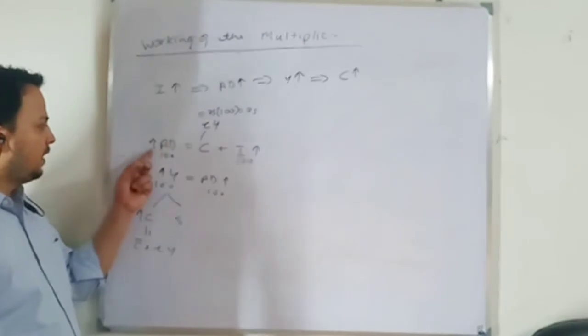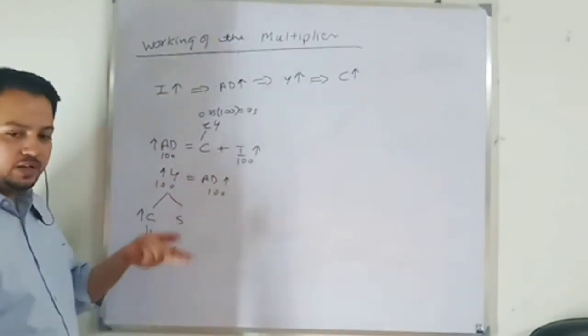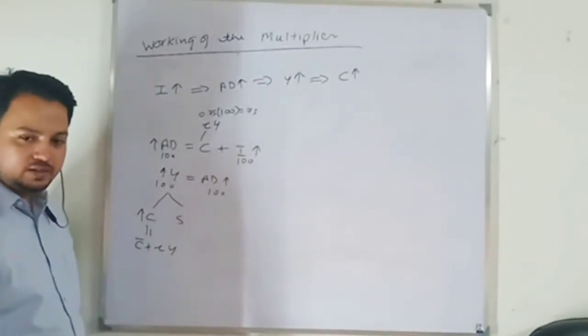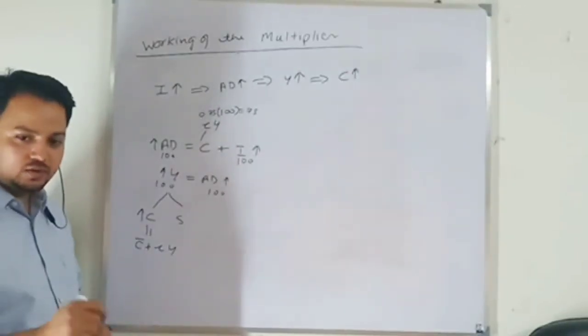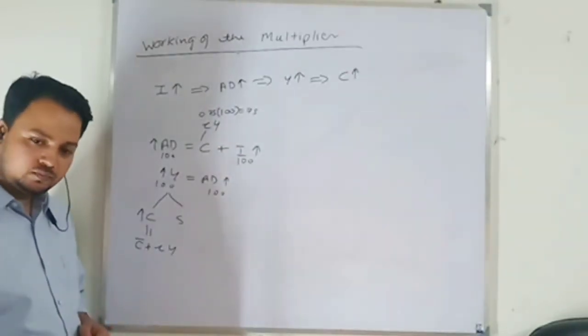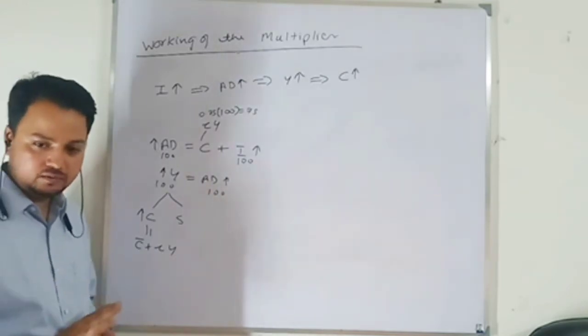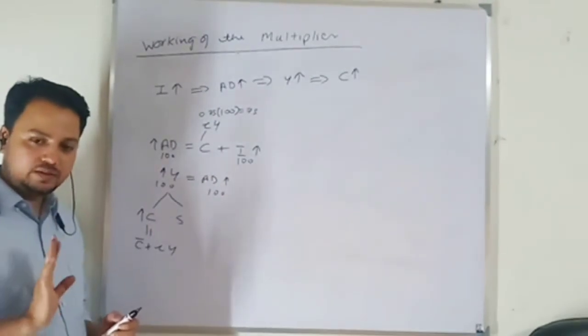Again when aggregate demand increases, your income will again increase, and again consumption and saving will increase. So this will keep continuing until the multiplier value is realized. Is it clear?